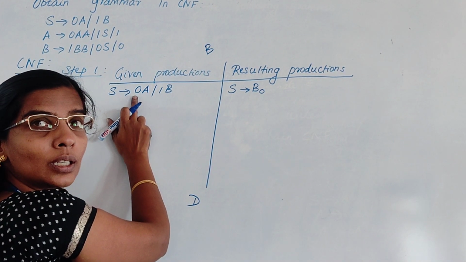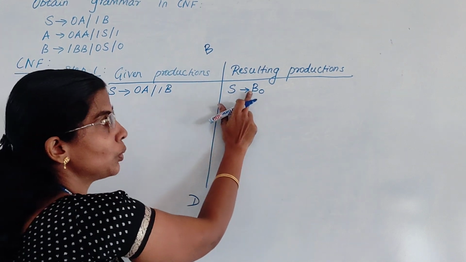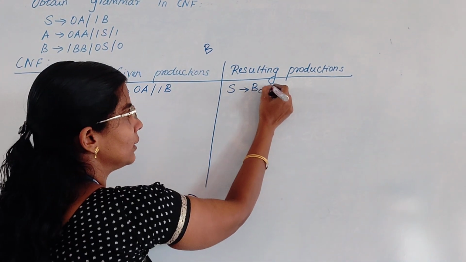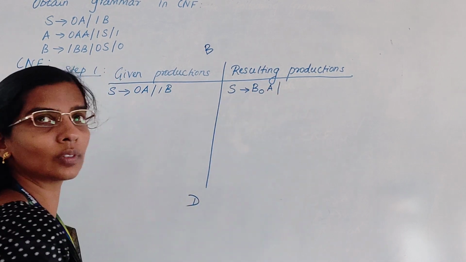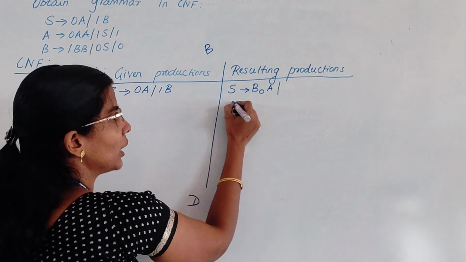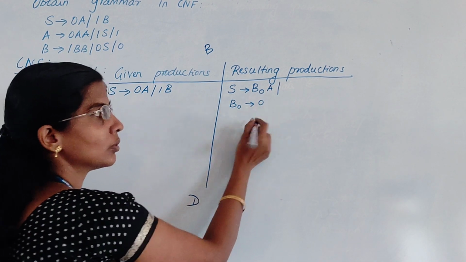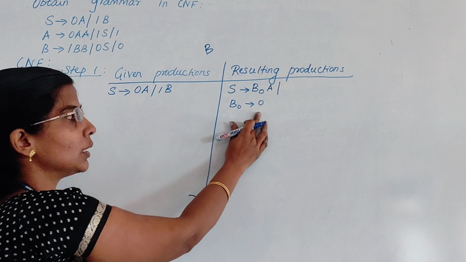If I am converting 0 to non-terminal, I should write B0. Right? Then I write this A as it is. Next you write, what is this B0? B0 actually is 0.